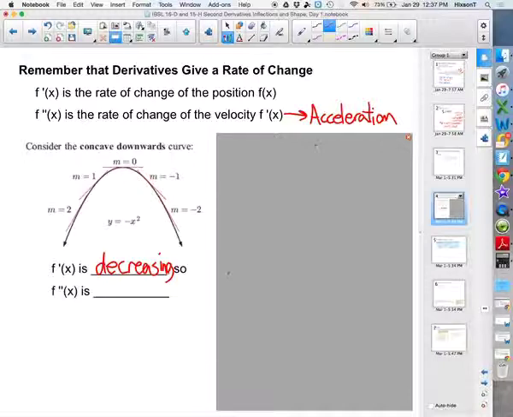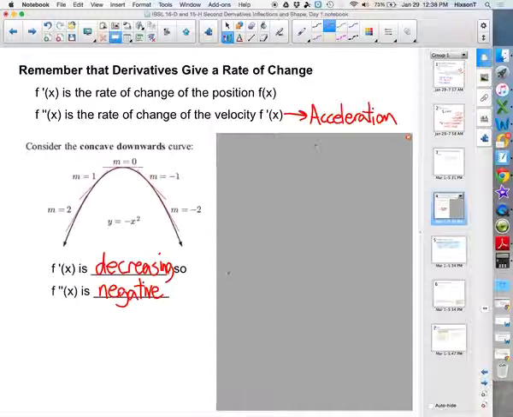It just has to be negative. We're not talking about the second derivative increasing or decreasing, because for that we'd have to look at the third derivative.